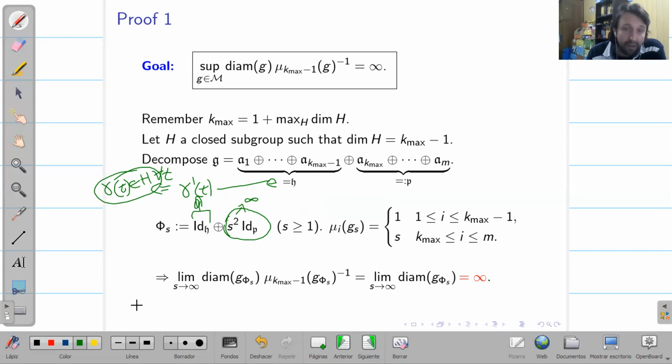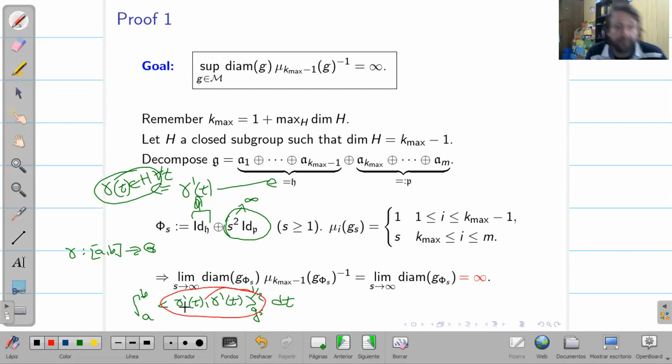Remember the length of the curve, if you have a curve from A to B in G, is going to be the integral of the square root of the inner product with respect to this g_s, of course. So if this makes infinity at some point, the whole length is going to be infinity, right?